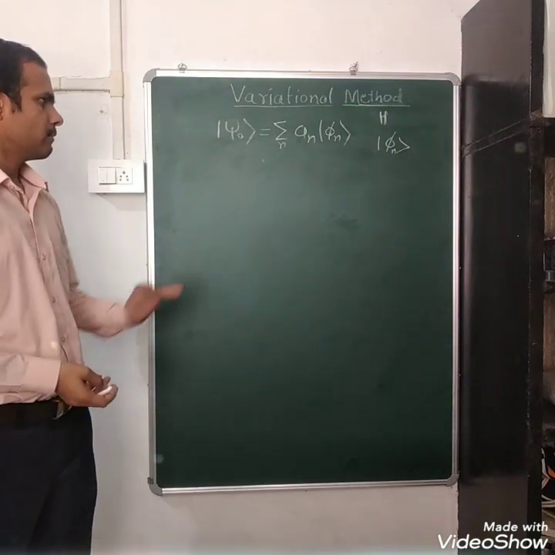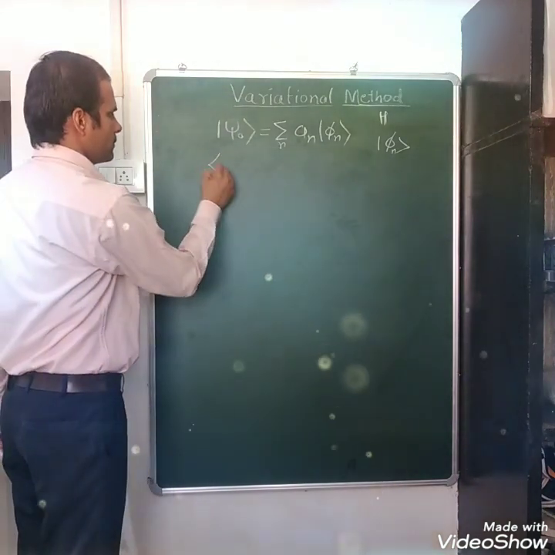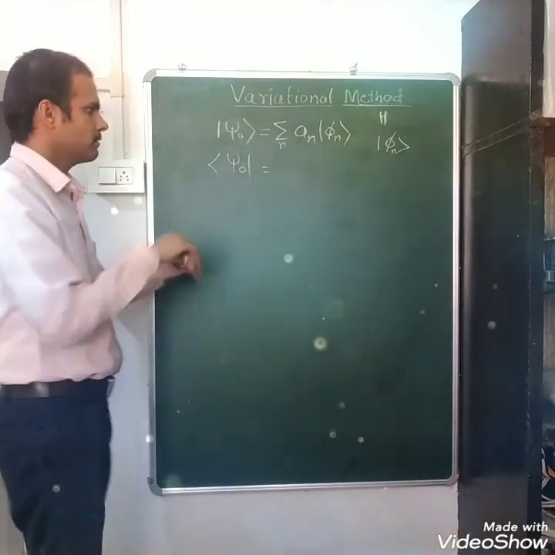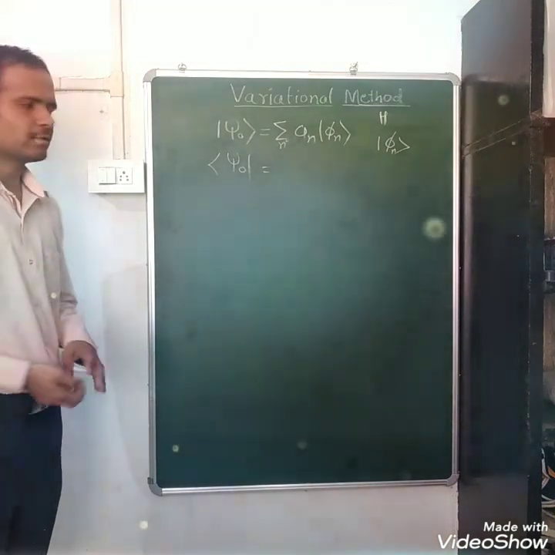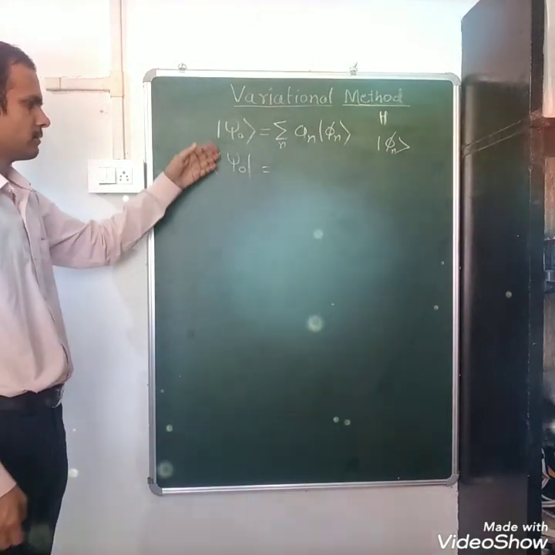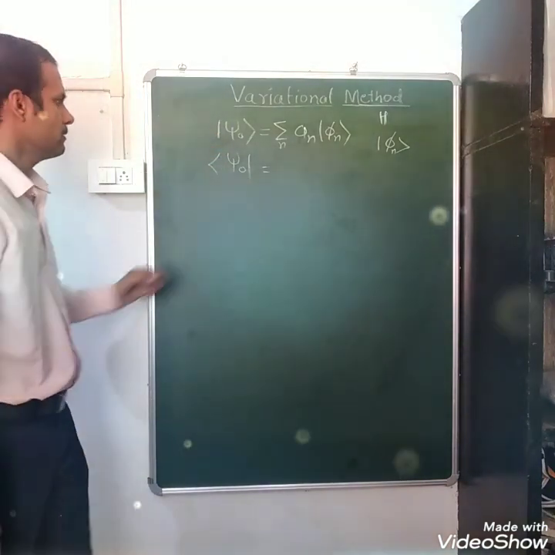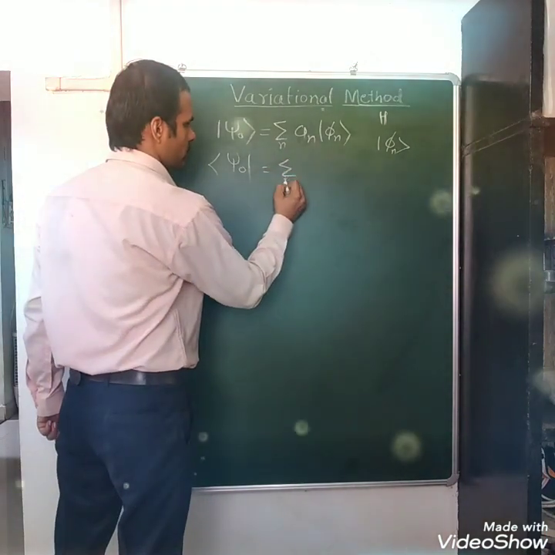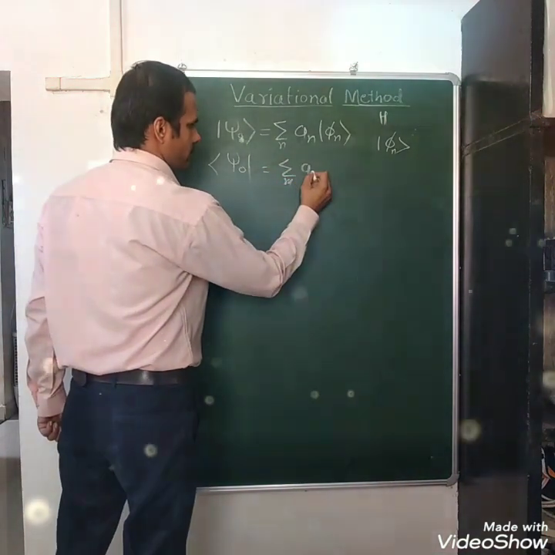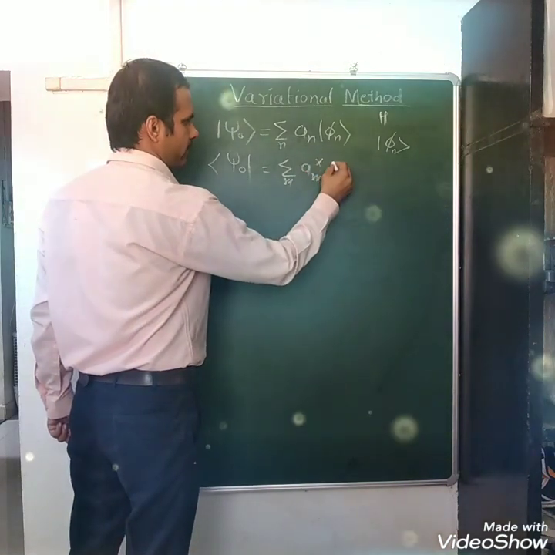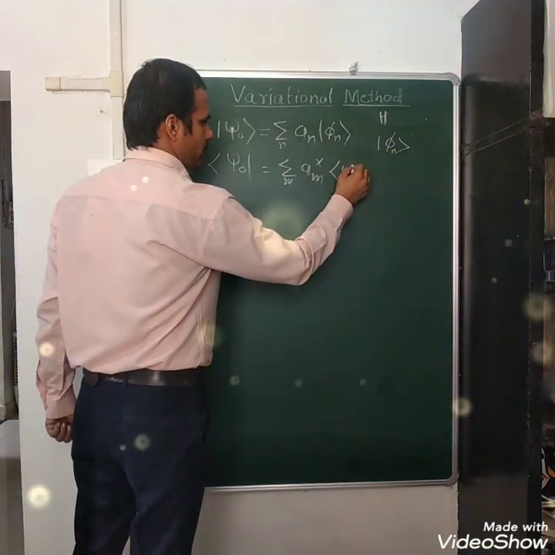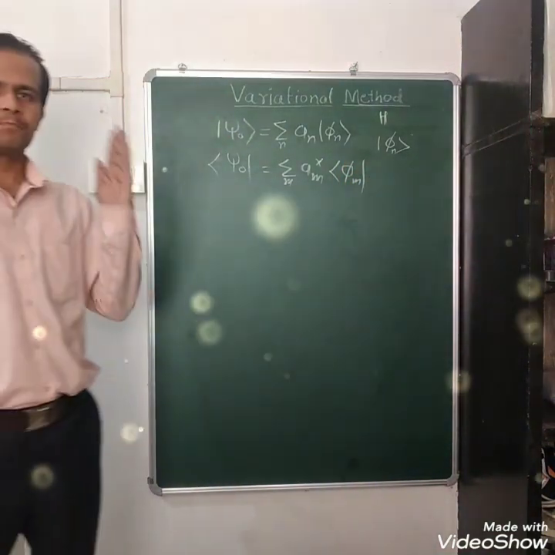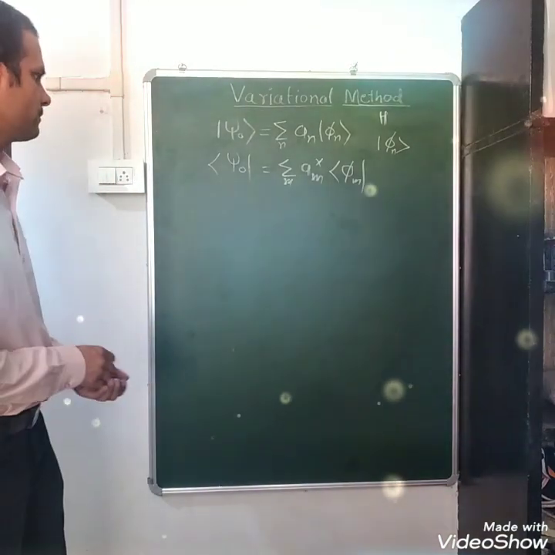Then we have to take its conjugate, that is bra psi 0, the complement of this psi 0, which is written as the summation over m of a m star bra phi m.